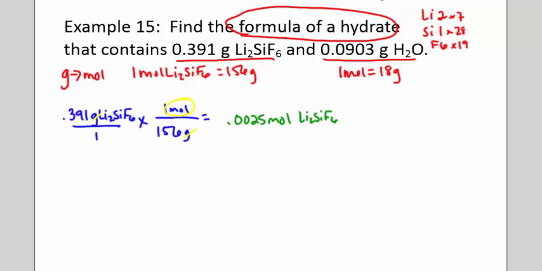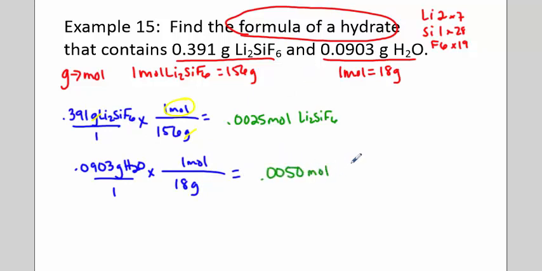Now I'm going to do the same thing for water. 0.0903 grams of water. We want grams on the bottom, so 18 grams, 1 mole on the top. Then we do this math, and we get 0.0050 moles of water. Now we need to look at our ratio.